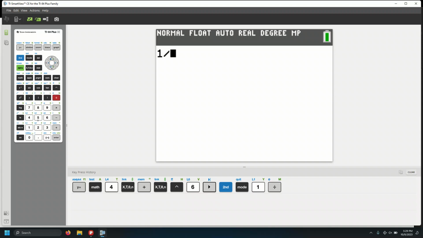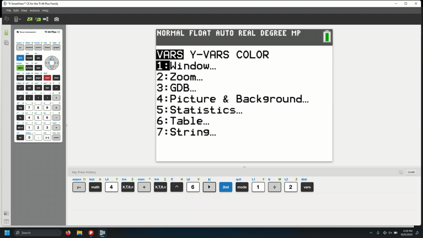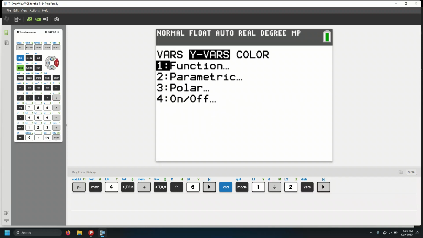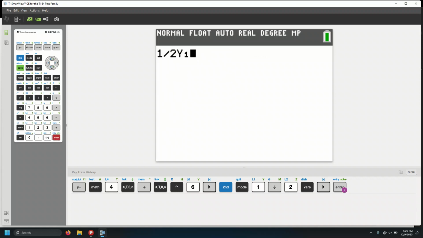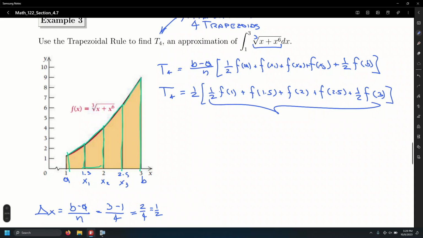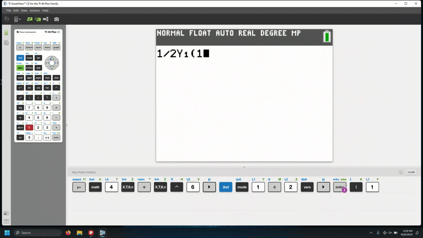So that'll be 1/2. Okay, vars, y vars, number 1 function, y sub 1, and evaluate that at the lower endpoint, that is a, which is 1, right? Close parentheses, plus. The remaining terms except the last one won't have a coefficient. So let's go.